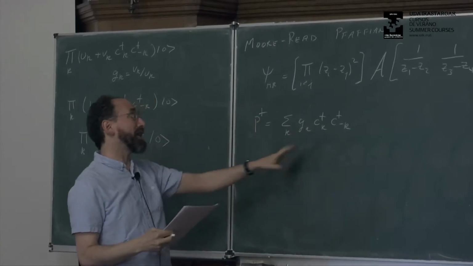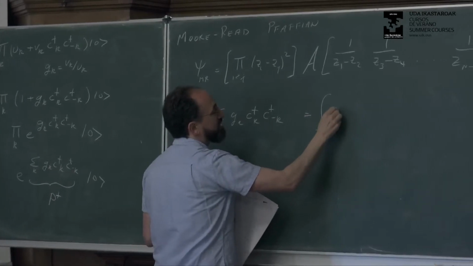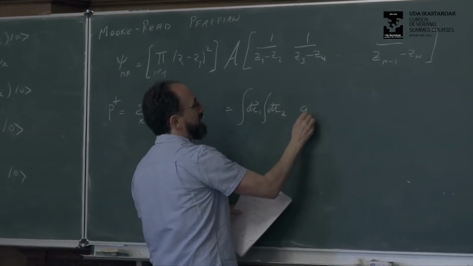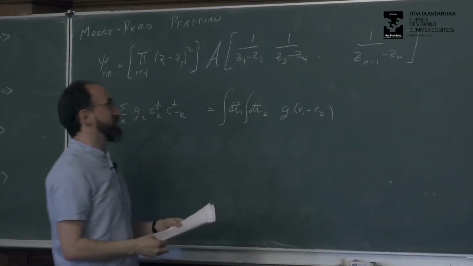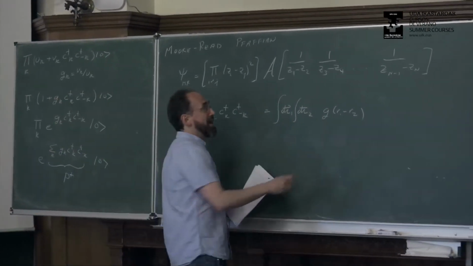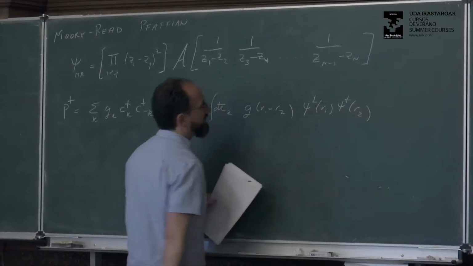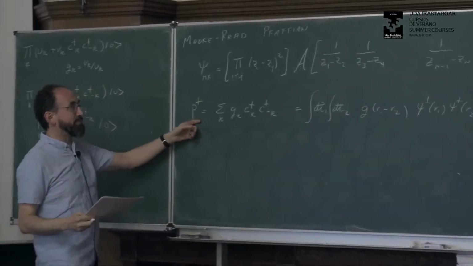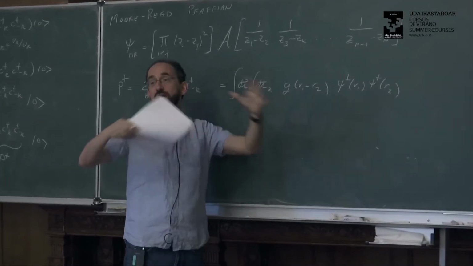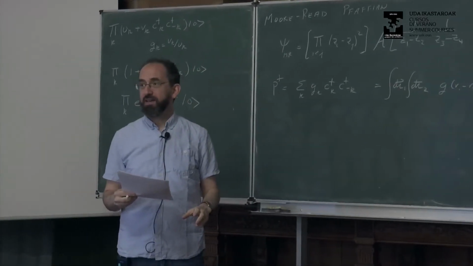If we then Fourier transform this expression from k space to real space, this thing will become integral dr1, integral dr2 of g of r1 minus r2, where this function g is the Fourier transform of g of k, and then times psi dagger r1, psi dagger r2. OK? So this p dagger is creating a pair of particles in the relative wave function g. So g is the shape of the orbital of the pair. OK? Is everyone good with that? Yeah? OK, good.